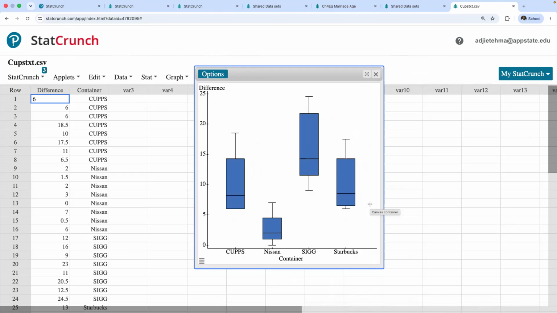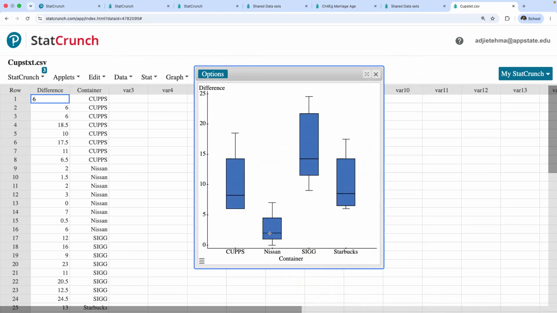Good. Now, you can see that the IQR for Nissan is shorter than the rest. Do you see that? Look at the IQR for SIG. Look at the IQR for Starbucks. And then that of Caps. But look at this one.